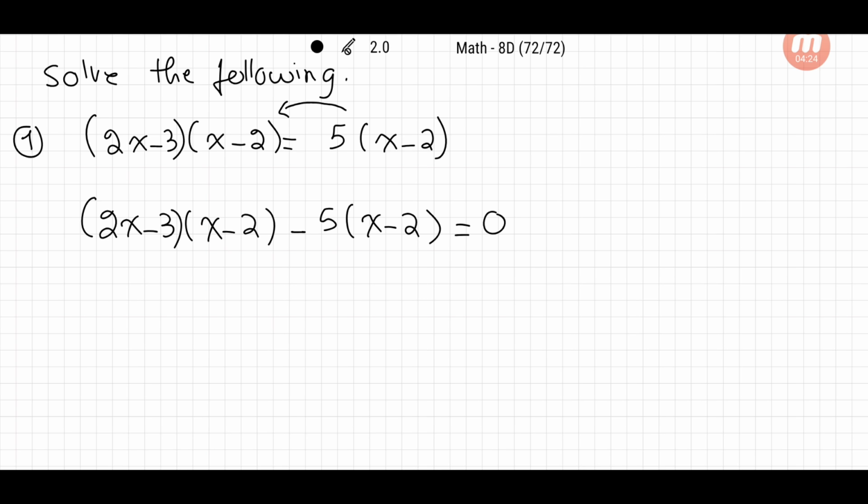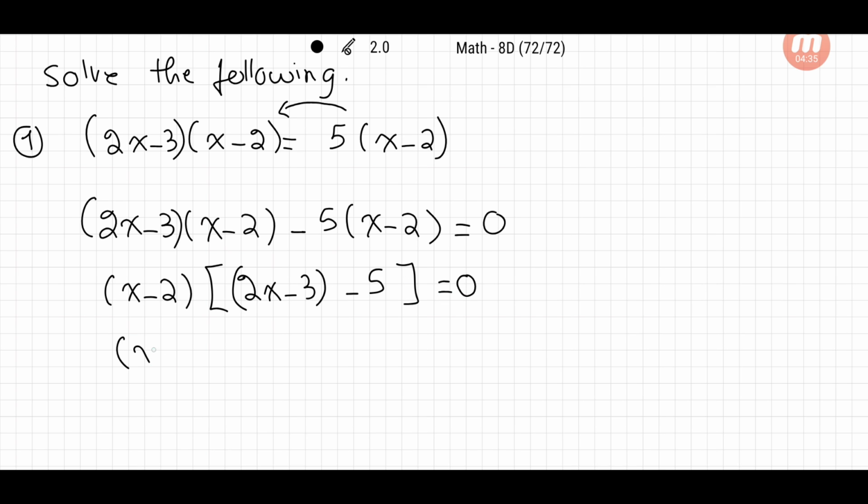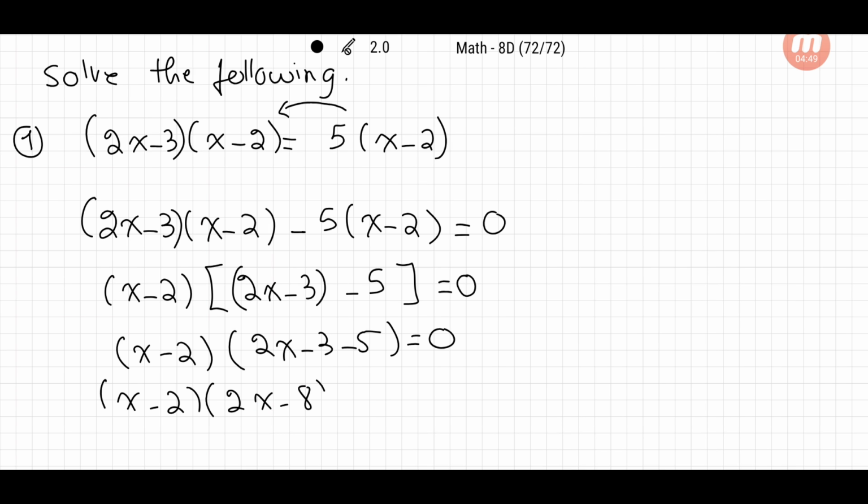Now I can solve it by factorizing it. X minus 2 common factor, (2x minus 3 minus 5) equals 0. (x minus 2)(2x minus 3 minus 5) equals 0. So (x minus 2)(2x minus 8) equals 0. I can take 2 as a common factor between 2 and 8.